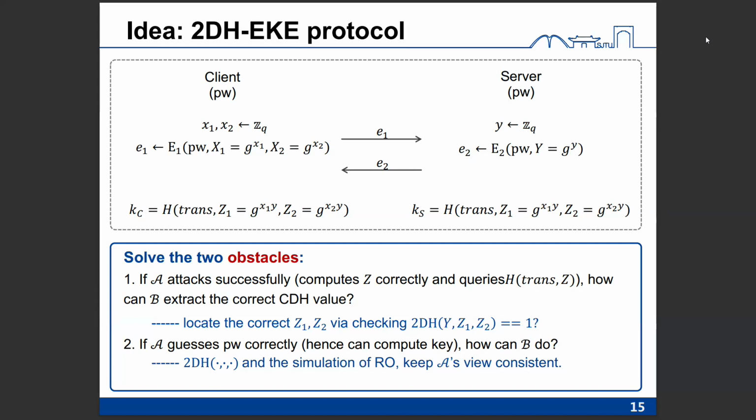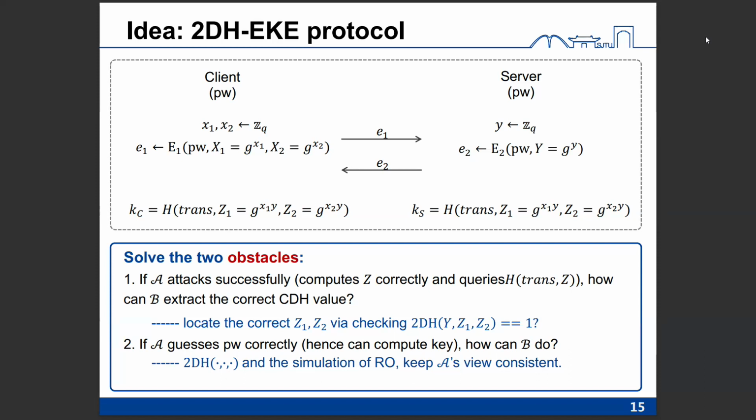And for the second obstacle, if A gets the password correctly, in the reduction, B just samples a random key, views it as the real session key, and returns it to the adversary A. And if A later queries the hash, which works as a random oracle, with the correct value, then B can notice it and just reprogram the random oracle to make A's view consistent.